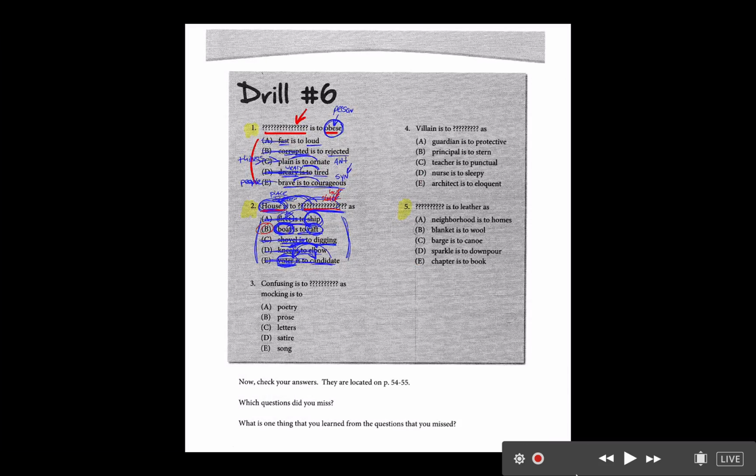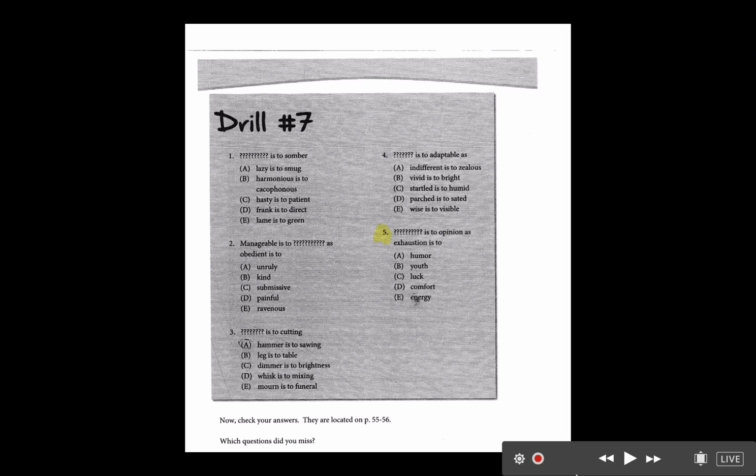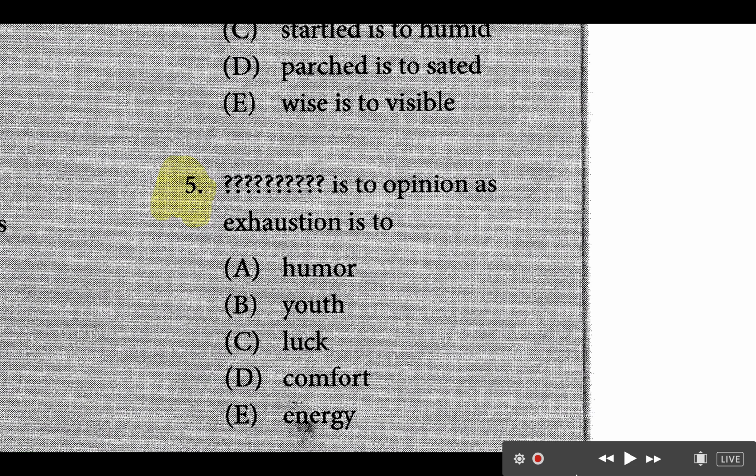Okay, let's look at maybe two more. Okay, so blank is to opinion as exhaustion is to blank. Well, first of all, let's see if we can eliminate any choices that don't seem to have any clear or direct relationship with exhaustion.